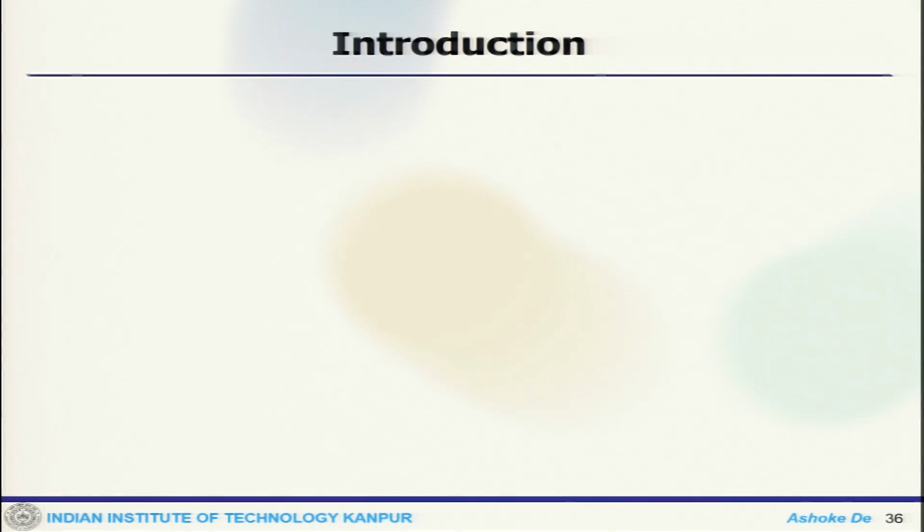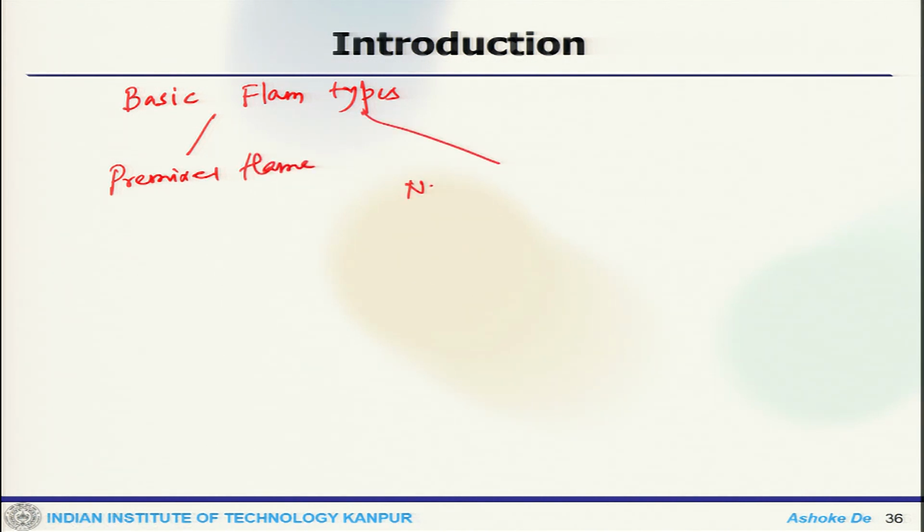Now, we can come to some of the basic flame types. One of the systems could be the premixed flame. Then one can have the non-premixed flame.